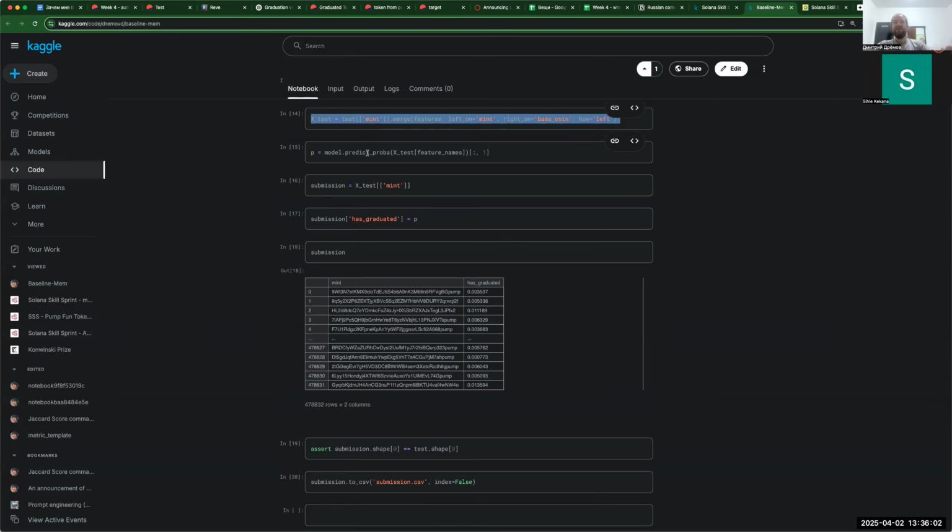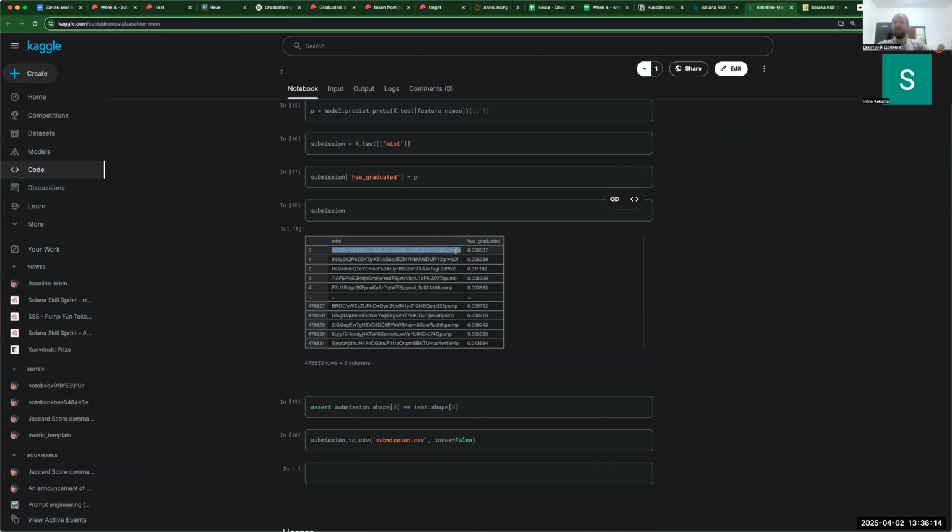So we are doing this prediction. Here's the prediction probability, so we have the probability of the token being graduated. And we get this table. This is the mint, and then the probability, which is, of course, around the same amount: the average graduation probability is around 1%, so this prediction is also around 1%.